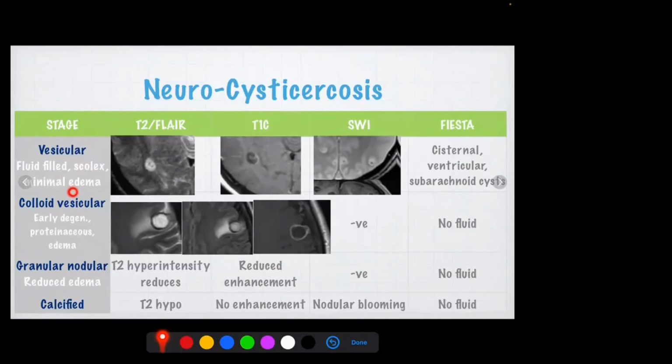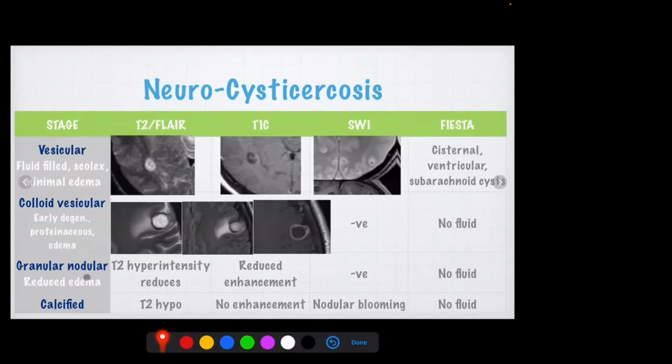This is obviously the live scolex, which starts to degenerate in the colloid vesicular stage. As it degenerates, proteinaceous material accumulates in the center, hence we call it colloid, and that leads to allergy and local edema.